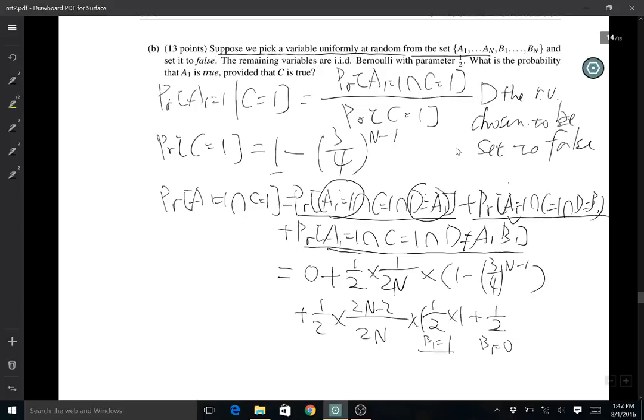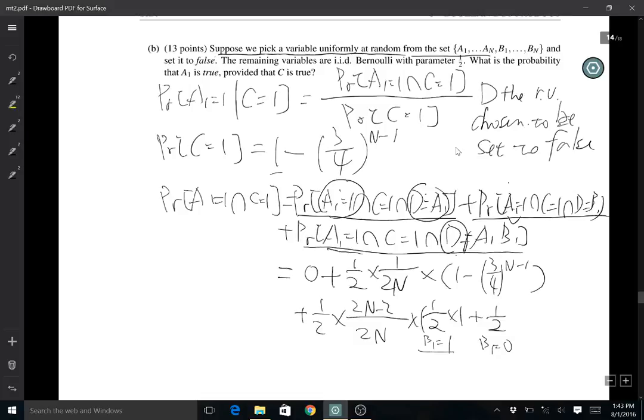The second case, with a half chance, B1 is 0, so it's false. Then the first clause is false, we already know. And now to make C equal to 1, we shall look at the rest of the n-1 clauses. However, among the rest of the n-1 clauses, one variable, D, is already set to false. So it means that another clause is already known to be false.